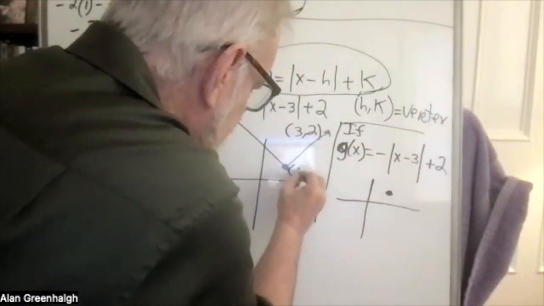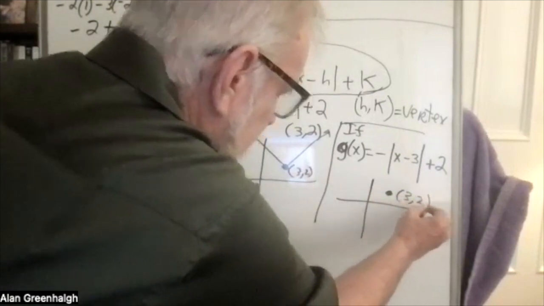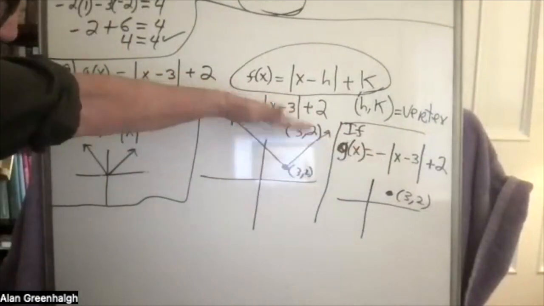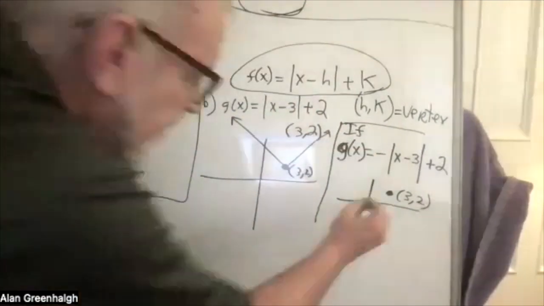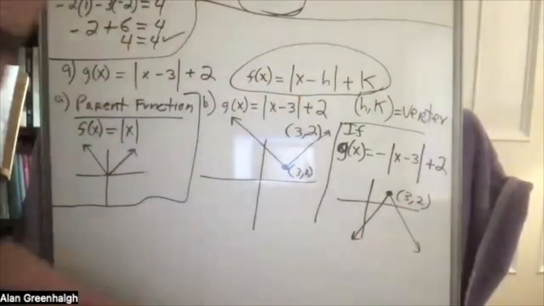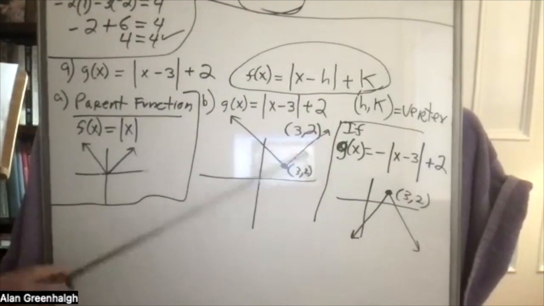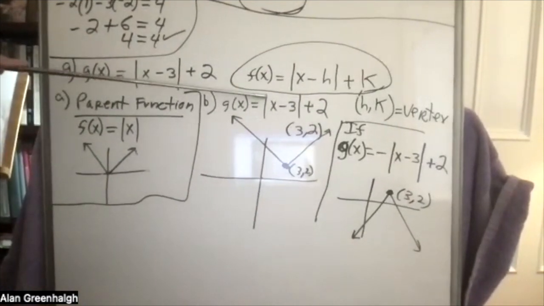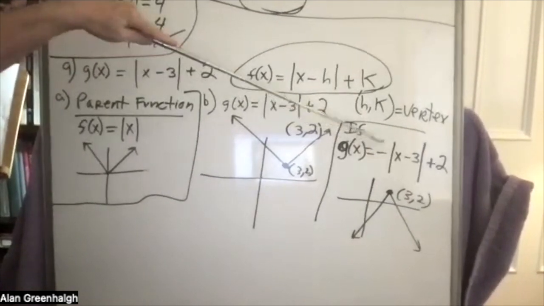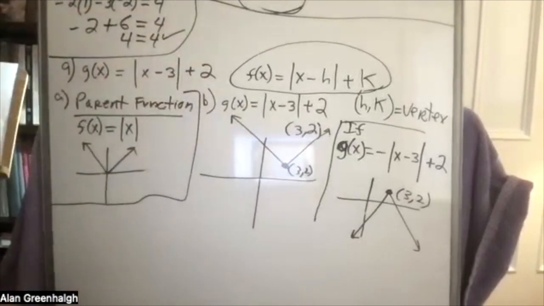See, this still would have been 3, 2. But the negative would have meant that you take this graph and flip it over. So it would have gone like this. That's what the negative sign means to a problem like this. If it's positive, it goes up. If it's negative in front, then it goes down. Just keep that in mind.